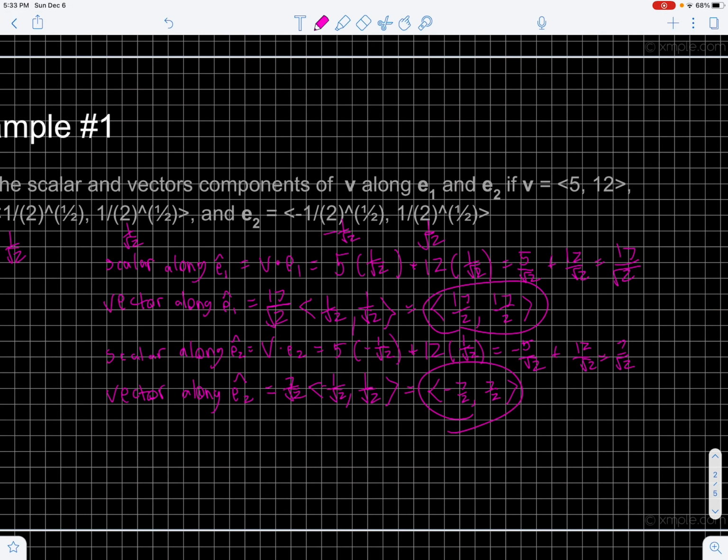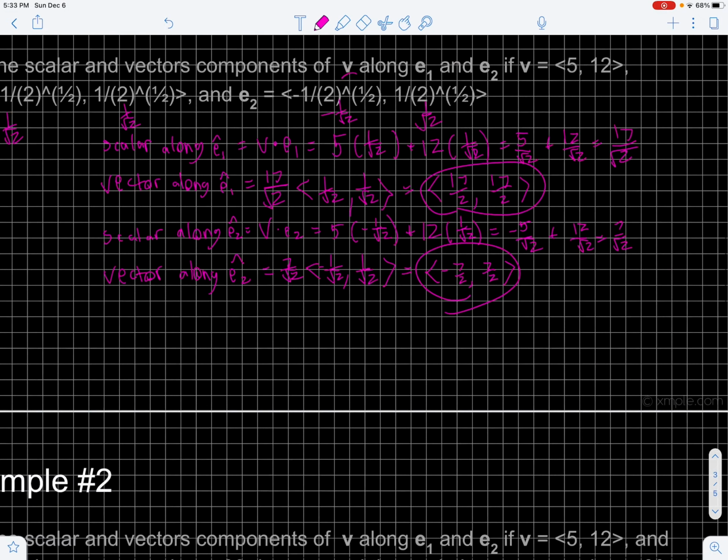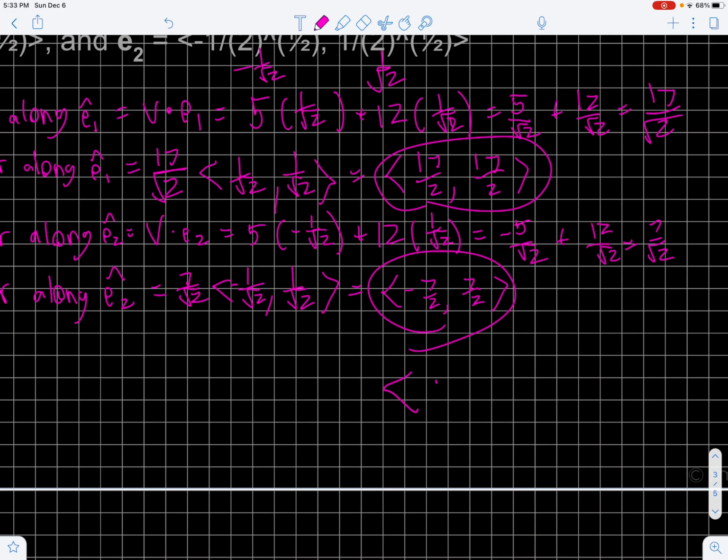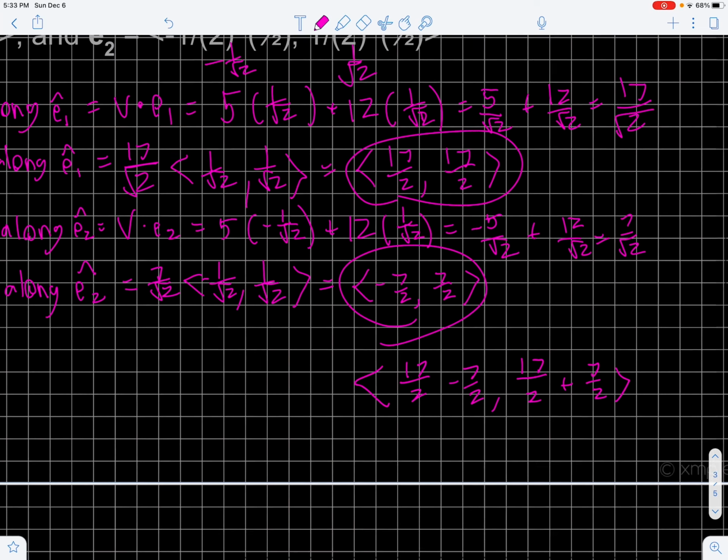Now, just to double check our work, if we add this and this together, we should get our vector v. So 17 halves minus 7 halves, 17 halves plus 7 halves.